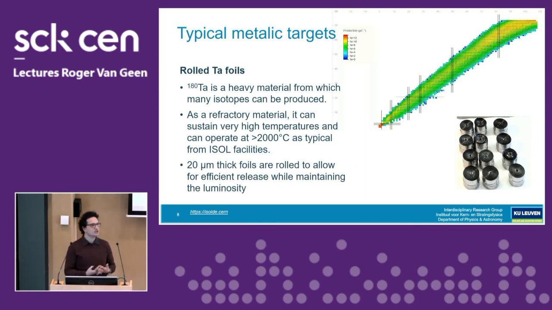Now, if you imagine you would be working with a cylindrical block of tantalum, then your diffusion would be so poor, so bad, nothing would get out. You'd produce a lot of radioactivity, and it would all be trapped in that big stick. So that's how they make the tantalum targets.